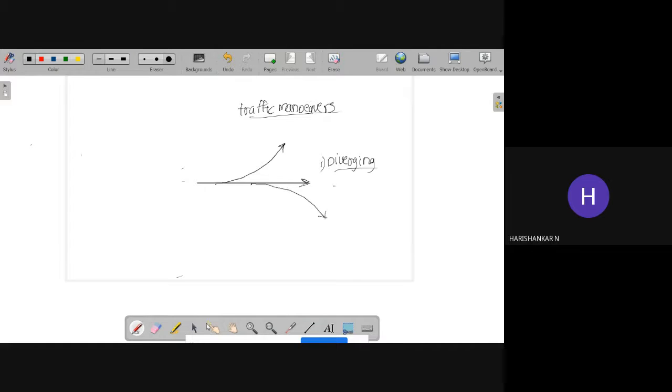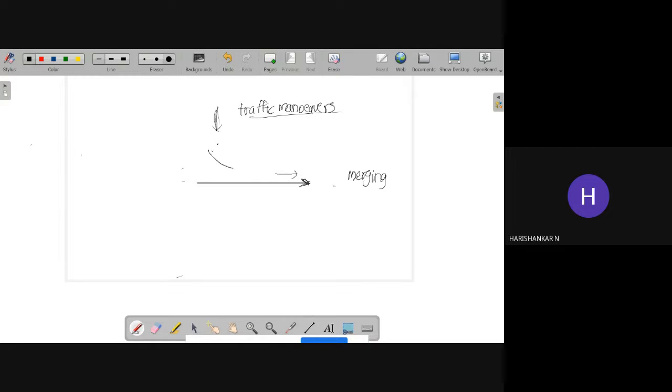And in the same way, you can perform another maneuver which is known as merging. Okay, so a vehicle can be moving in this direction, and if you want to follow that vehicle and you are moving in this direction, then what will you do?